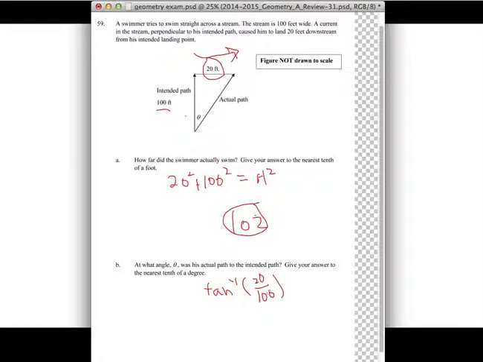Okay, then we'll do a tan inverse. So let's see. 11.31 degrees. Tenth. Okay, so just be 11.3.